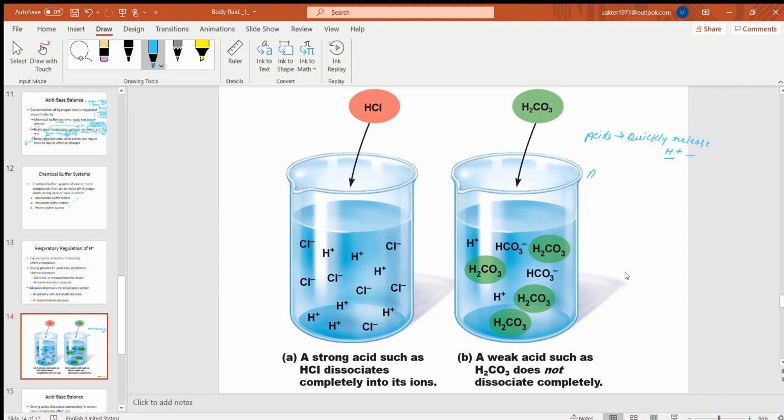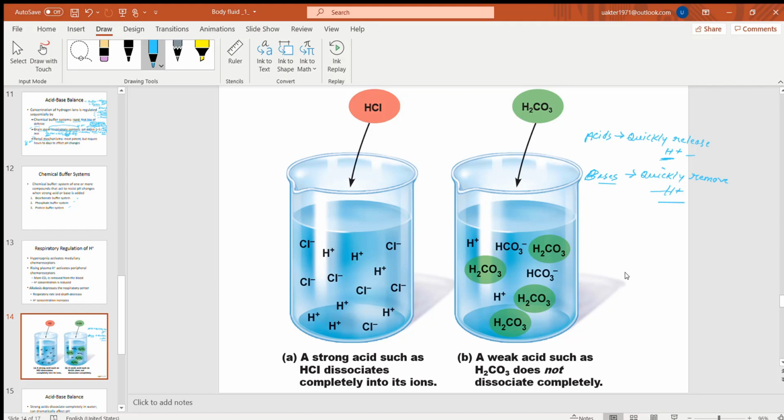Bases quickly remove, not release, quickly remove hydrogen ion. So if the hydrogen ion concentration is more, then the bases will remove it. If hydrogen ion concentration is less, then acids can release the hydrogen ion, and that I explained before.